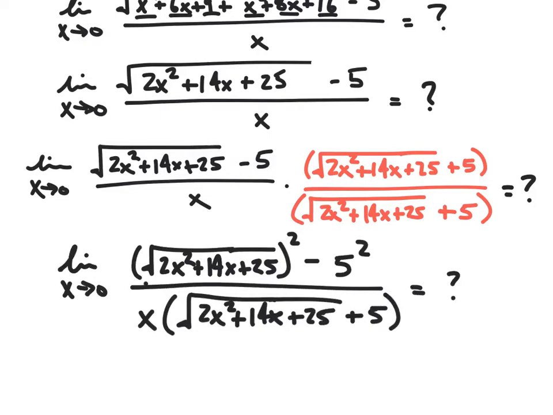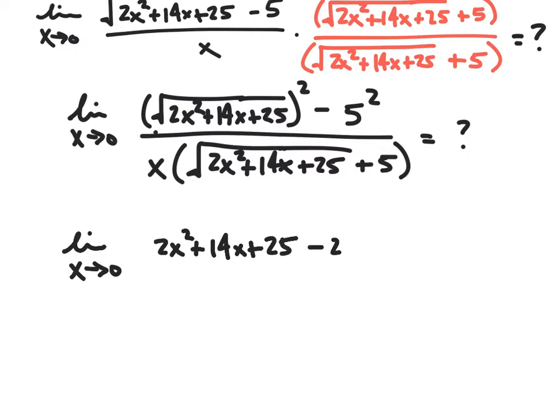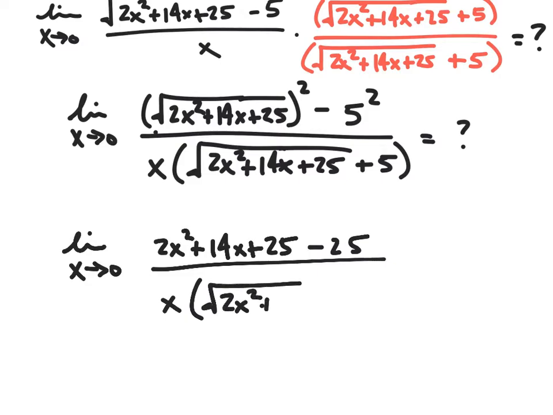All right, so what I want to then do is manipulate this algebraically. And when I do this, this is going to get rid of my square root in my numerator. So I get the limit as x approaches 0 of 2x squared plus 14x plus 25 minus 25, all over x times the quantity square root of 2x squared plus 14x plus 25, plus 5.